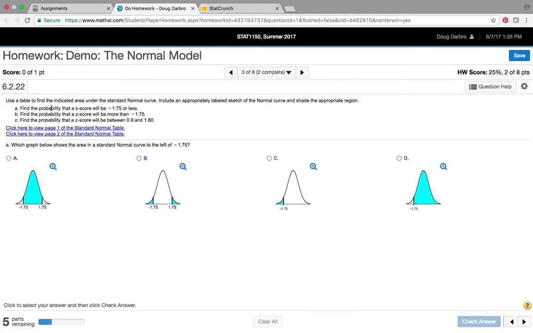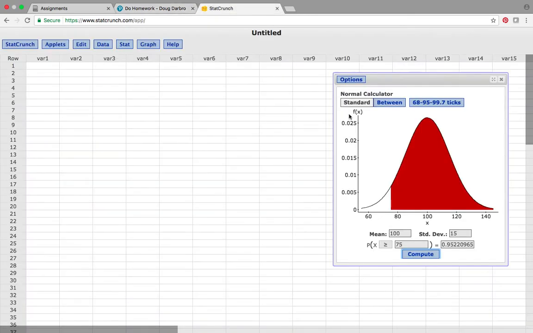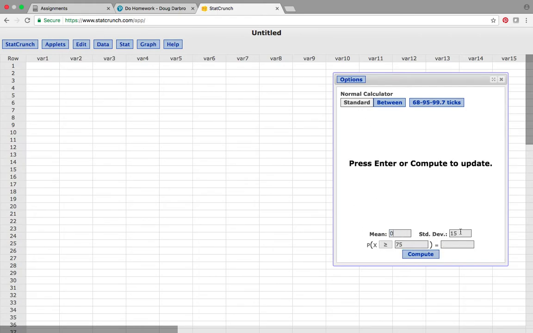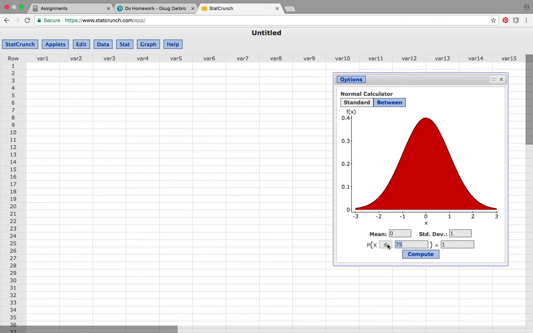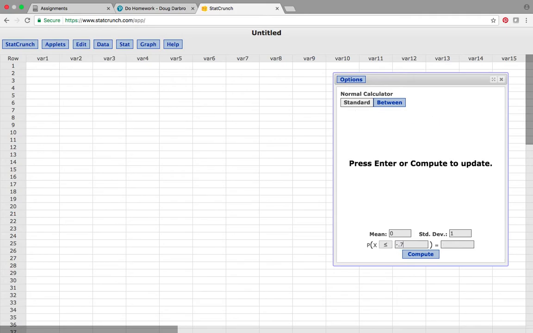So find the probability that a z-score will be minus 1.75 or less. Guys, that's really easy. We do the standard. Since it's a z-score, we have a mean 0, standard deviation 1. We need less than negative 0.75.